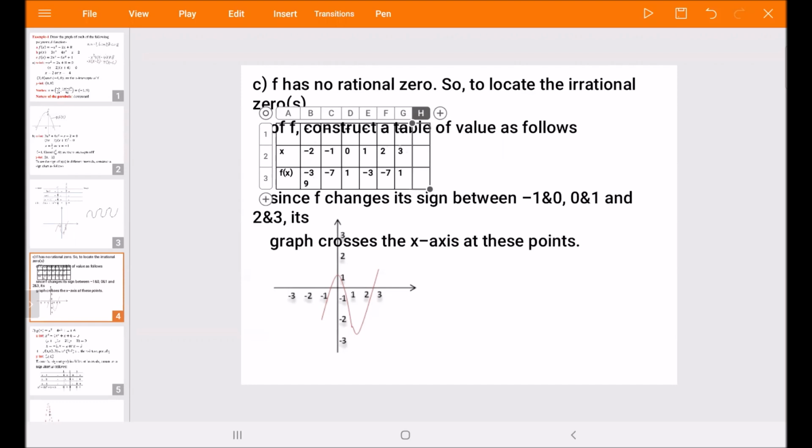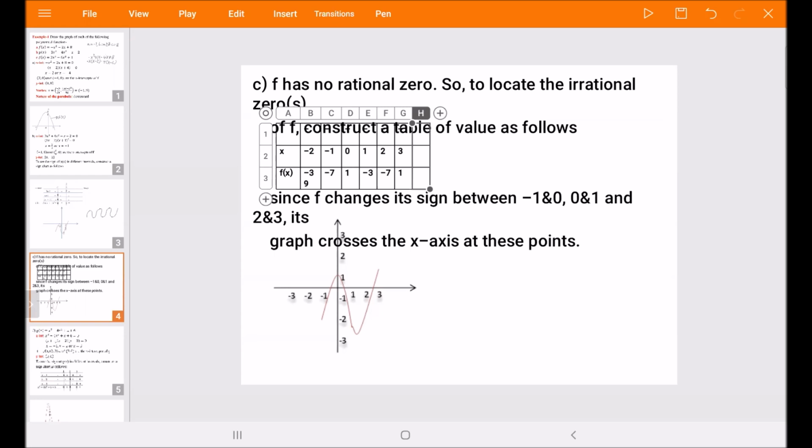Actually, if you continue evaluating f of x at x equal to 4, 5, 6, 7, etc., the sign of f of x remains positive, so there is no need to waste your time. And in this direction, if you continue evaluating f of x at x equal to -3, -4, -5, etc., f of x will remain negative, so there is no need to waste our time.